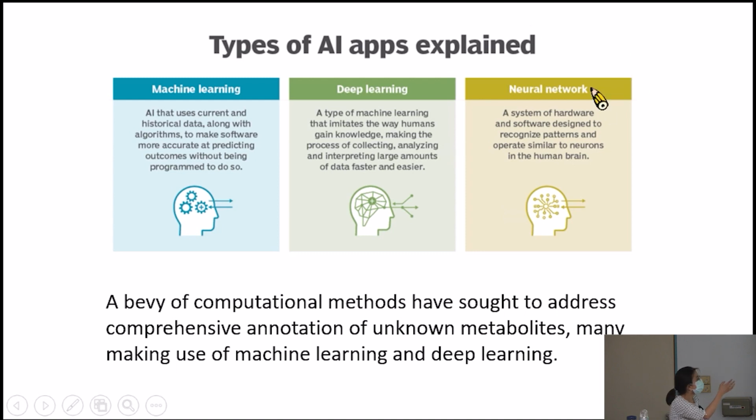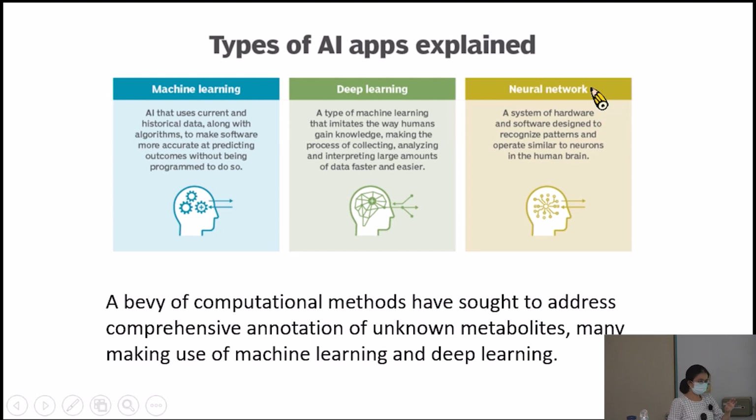Using neural network learning, you will find it is similar to the neurons in our brain. It uses a similar neuron approach to force the computer to learn information from the data set that we assigned. So those are some terms that frequently show up in the generative AI field.